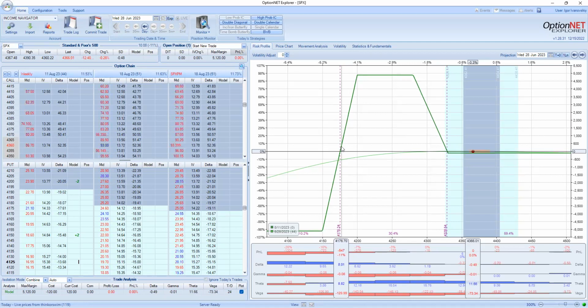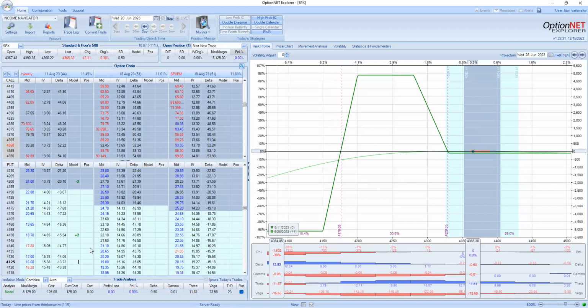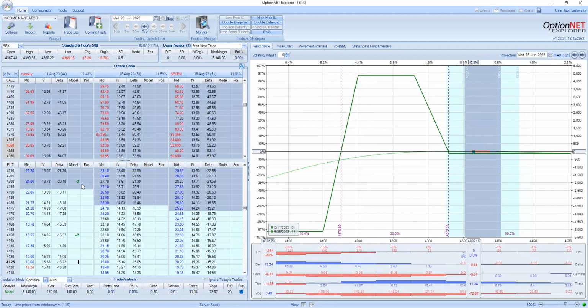Doing 1 100-point wide put credit spread, 100 points times 100 multiplier is 10,000. So the risk is the same. We just may not be getting as much credit for 1 100-point wide put credit spread versus 2 50-point wide put credit spreads.